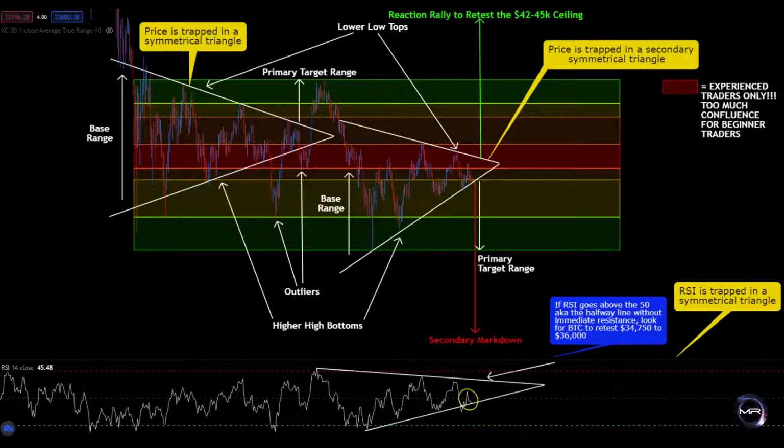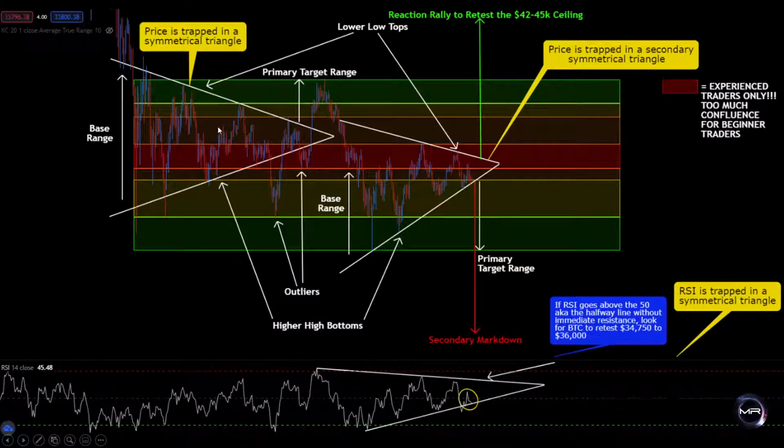And that phenomenon was two symmetrical triangles which subsequently were followed by an RSI that was trapped in a symmetrical triangle. Now, historically, this has meant that a huge crash would come afterwards as a result. And that is exactly what you guys are seeing right now, exactly as Mystic Rick predicted.